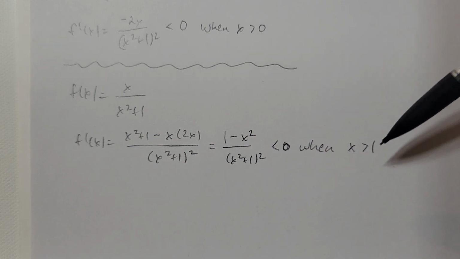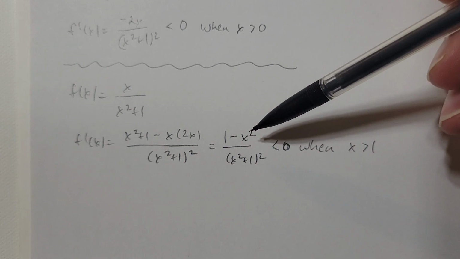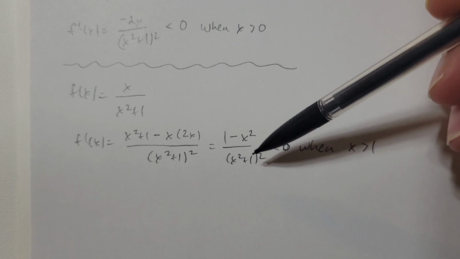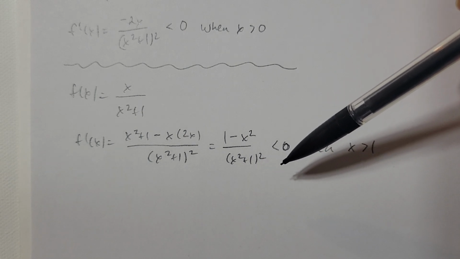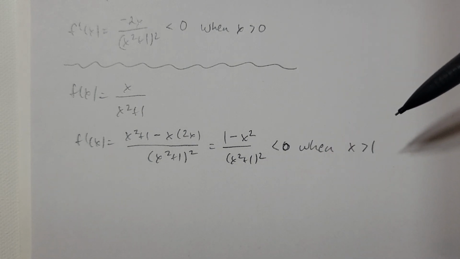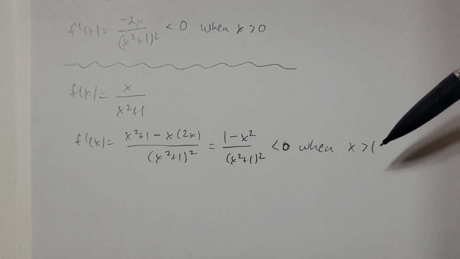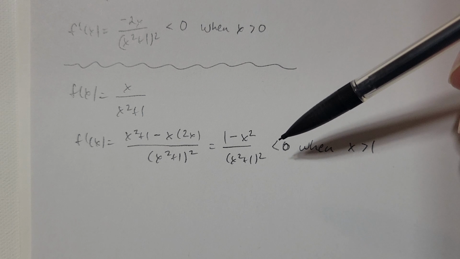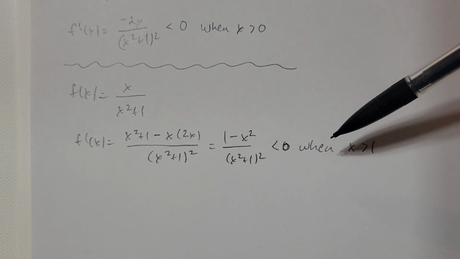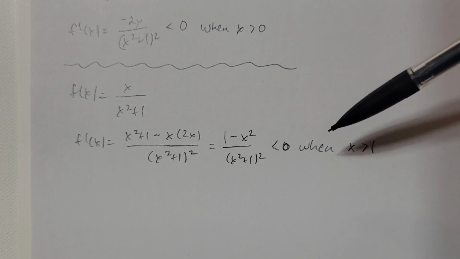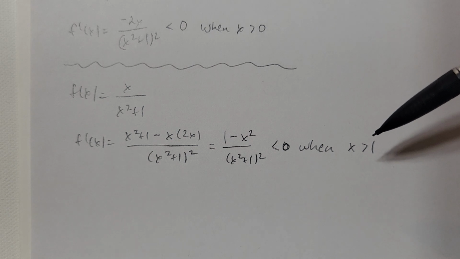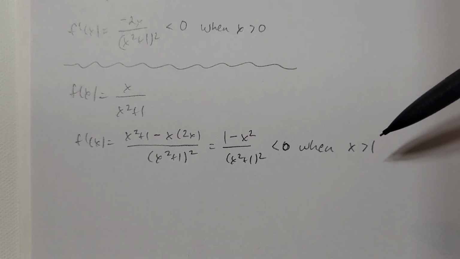But if x is 2, I've got a negative up top. The denominator is always going to be positive no matter what. So as long as x is bigger than 1, then f prime is going to be negative, and that means that the function is decreasing on the interval 1 to infinity.